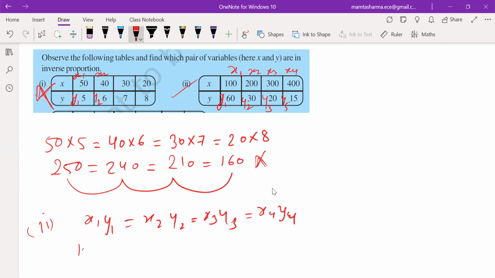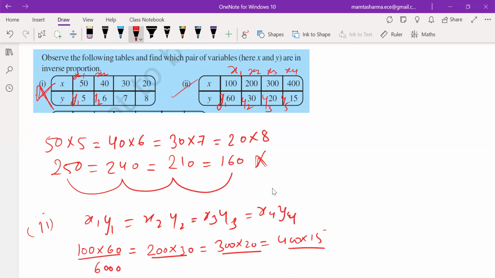Now x1 y1: 100 into 60, 200 into 30, 300 into 20, 400 into 15. Are their products the same? Yes, ma'am, 6,000. All products are the same. It means they are in inverse variation, inverse proportion. Correct?